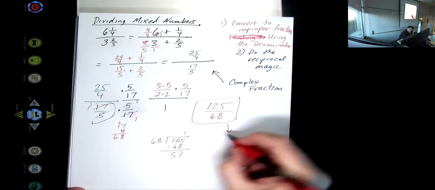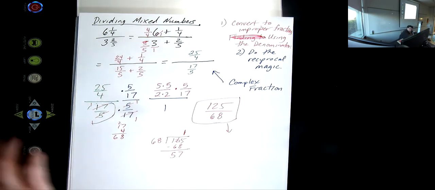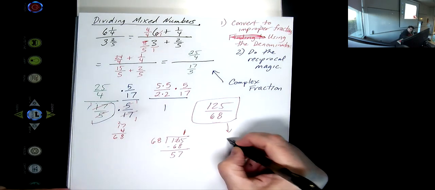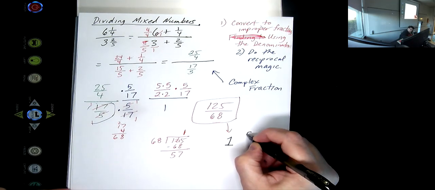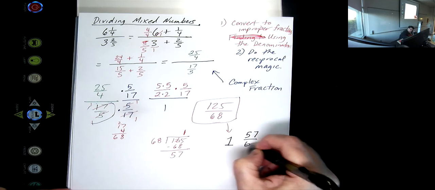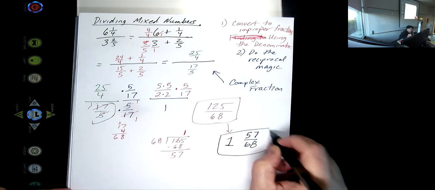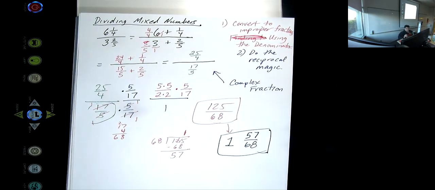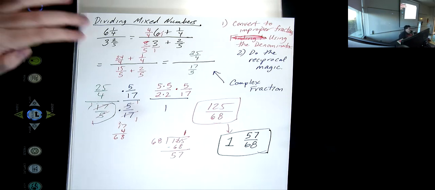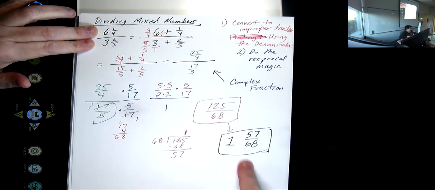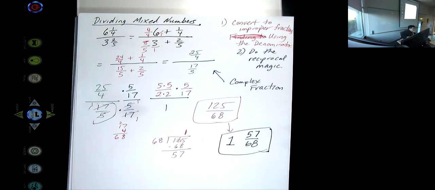So this will become the 1 on top, and then the 57 is the top and 68 is the bottom. So that's the equivalent in mixed numbers. Ideally, you want to put it back in the form you started with. We started with mixed numbers, so we should probably end with mixed numbers. That's a general good rule of thumb.